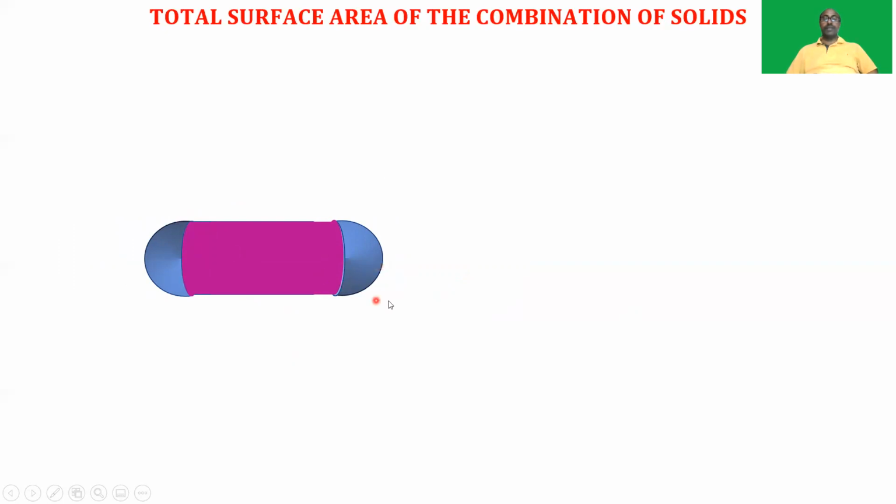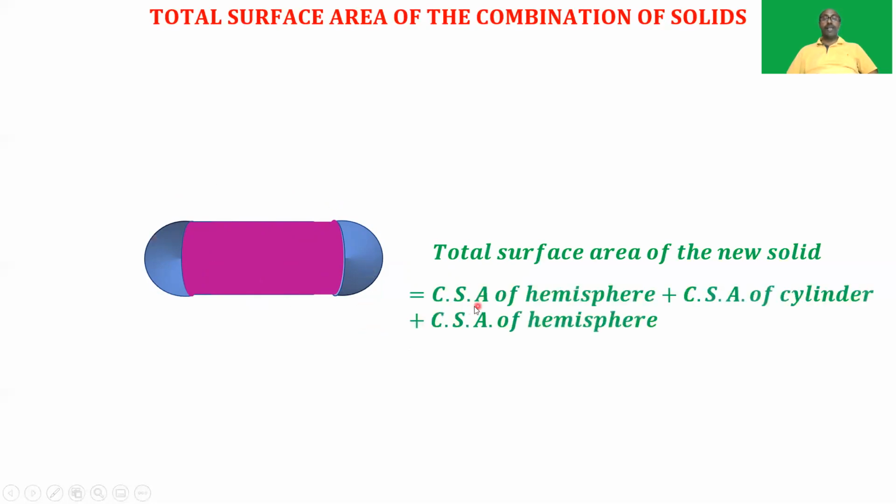Okay, so the total surface area of this shape is the lateral surface area of the cylinder plus the curved surface areas of these two hemispheres. So the total surface area of this new solid formed by a cylinder and two hemispheres is equal to curved surface area of hemisphere plus curved surface area of cylinder plus curved surface area of hemisphere.